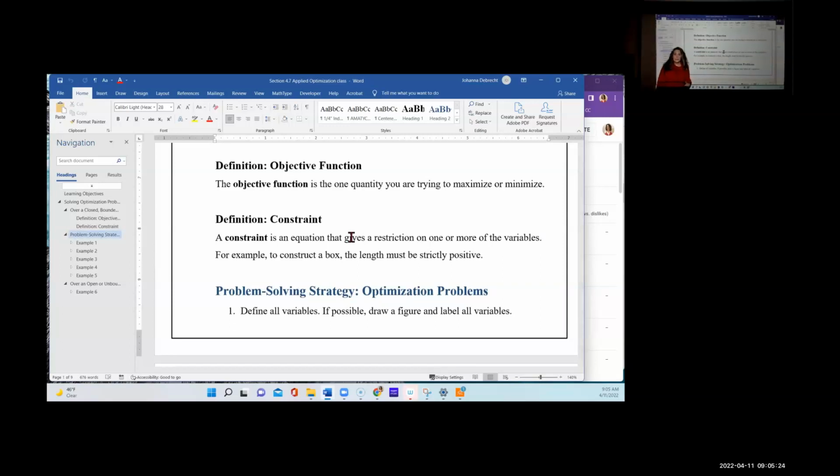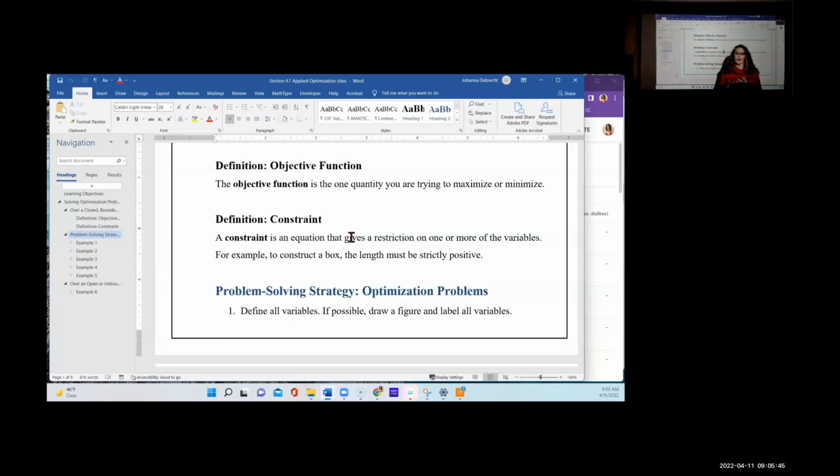If you're talking about a box, the length, the width, and the height can't be zero. If there's zero, it's a flat box, which means it's not really a box in the true sense of the word. So length, width, and height have to be strictly positive. They also can't be negative. So that's a constraint on length, width, and height of a box.